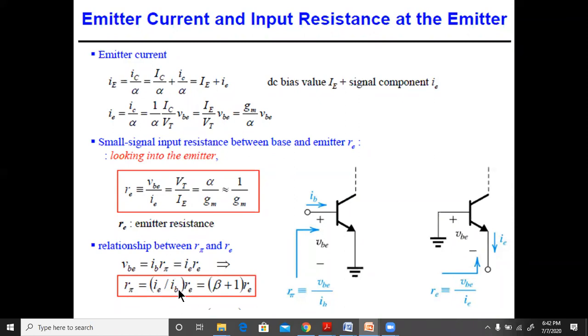So r pi will be equal to IE by IB into re. And we know the relationship between the emitter current and the base current, and that is nothing but beta plus 1. So r pi is beta plus 1 into re. So I'll stop at this for today.